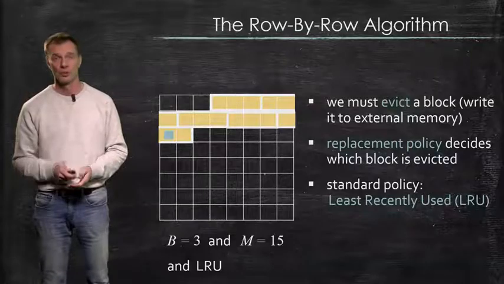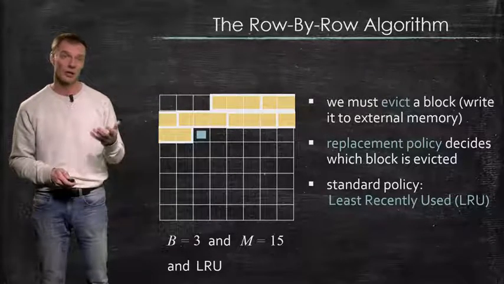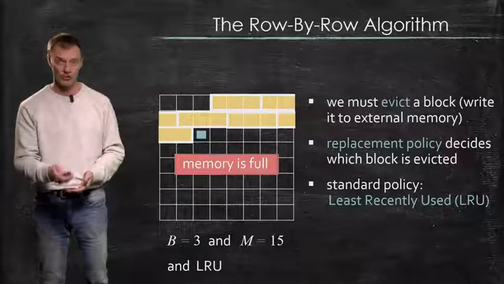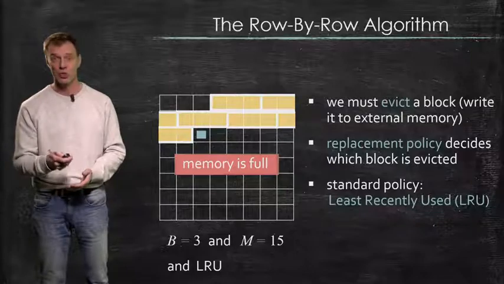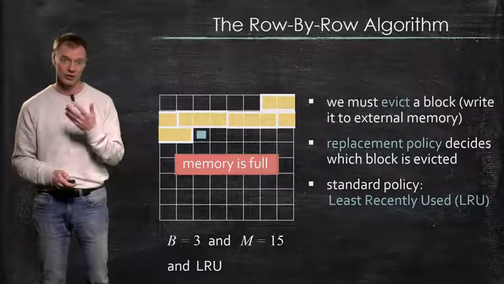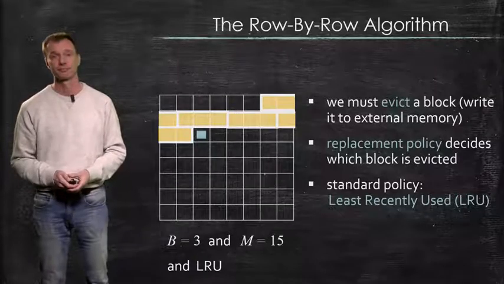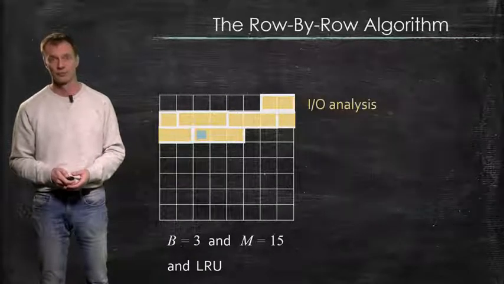We use the next element, and then we get here. Again, we need a new block, but we have 5 blocks in our internal memory, so it's full. So we need to evict a block. Least recently used would evict this block, and so on. This is the way the algorithm works.